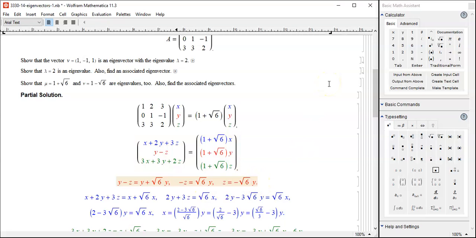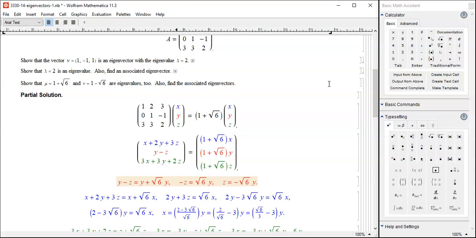y minus z is equal to y plus square root of 6 y after breaking up and canceling something, and in the end I get z equals negative square root of 6 y. Previously I solved y with respect to z, but this time I decided to solve z with respect to y. That's fine.